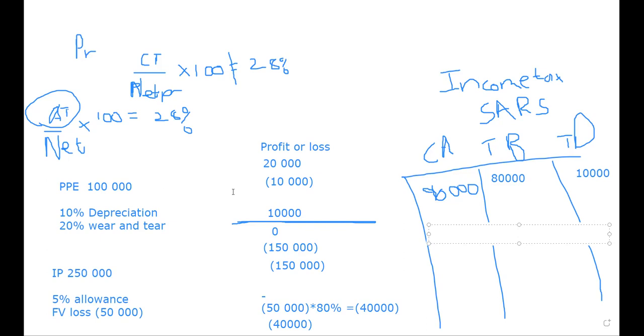Look at the nature of the asset, and you're going to put in that full amount there if it doesn't decrease with time. Do you see that this investment property does not decrease with time?